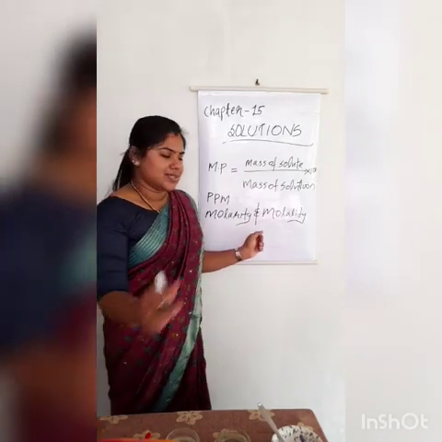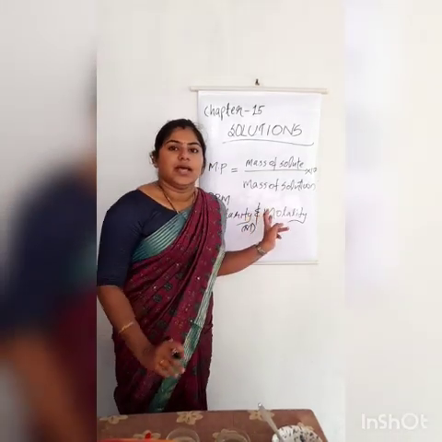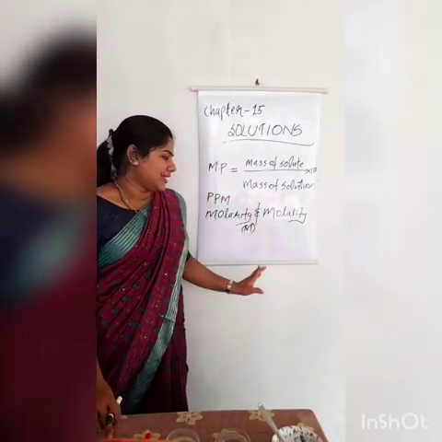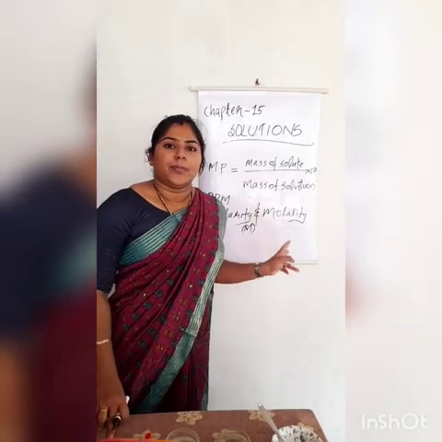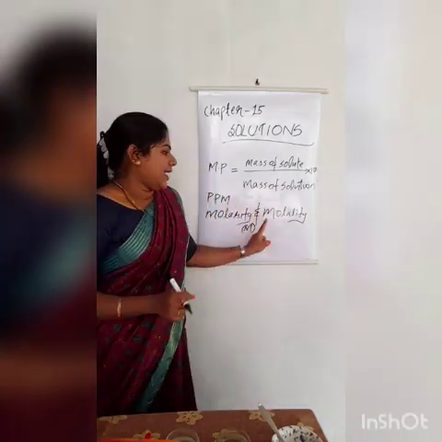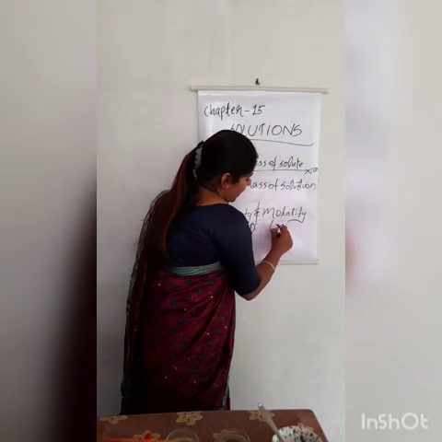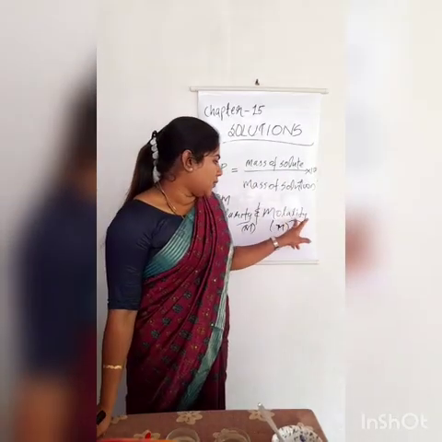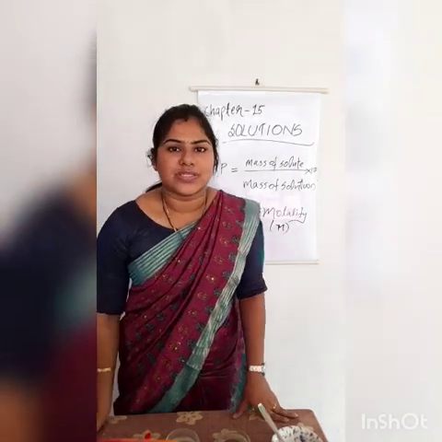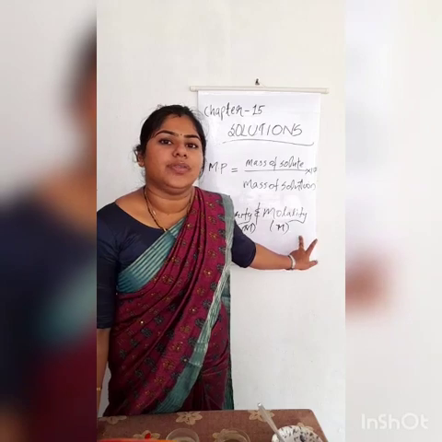Molarity is represented by capital M. In this, the number of moles of the solute present in 1 liter of solution is measured. Molality is represented by small letter m. In molality, the number of moles of the solute present in 1 kilogram of the solvent is measured.